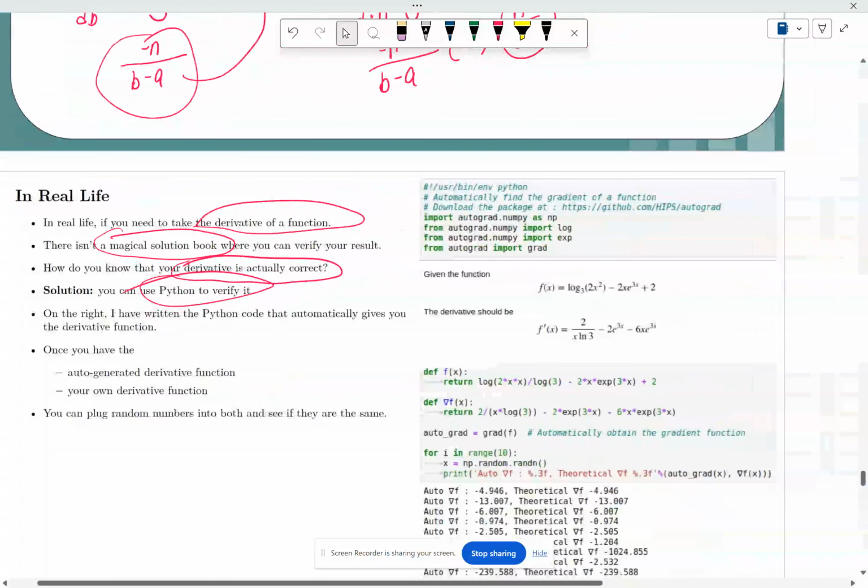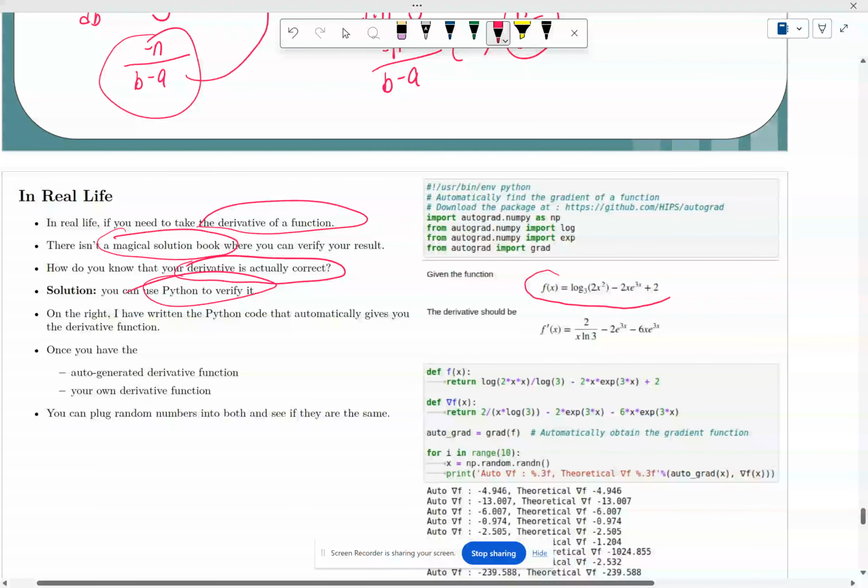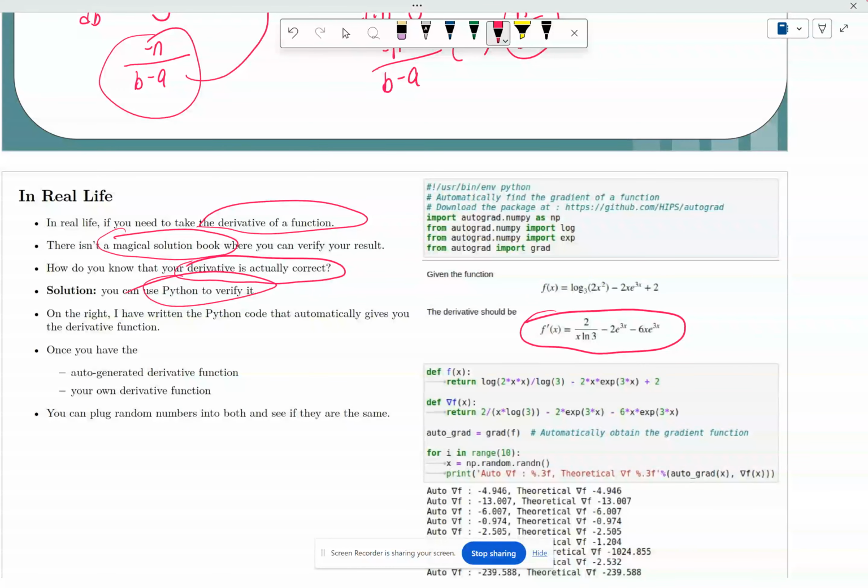Let's say this is the function we want to find the derivative of. And then I found the derivative, and I want to know if this is correct. If I tell you guys this is a derivative and I got it wrong, that would be kind of embarrassing for the professor. So I need to verify it.